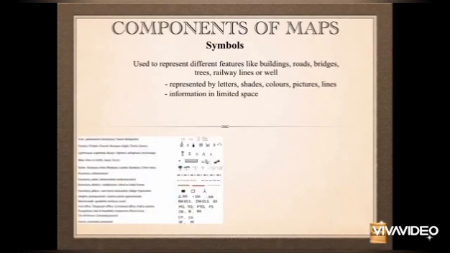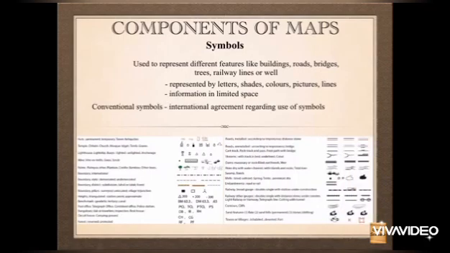They are represented by different letters, shades, colors, pictures and lines. Conventional symbols are decided together all over the world: this symbol is for railway, this symbol is for school. Only conventional symbols are used in maps because whoever sees them will identify them.